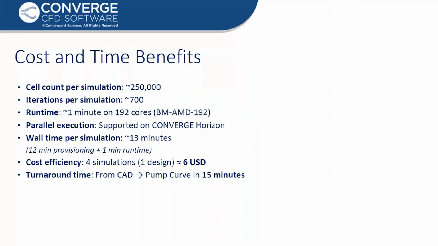Now, the great thing is the cost efficiency. To run these four simulations, or basically to run one design, it is costing around $6 on Horizon, right? So for evaluating one design, you're paying around $6, and the turnaround time from CFturbo, or basically from CAD to generating a pump curve, is around 15 minutes, right?